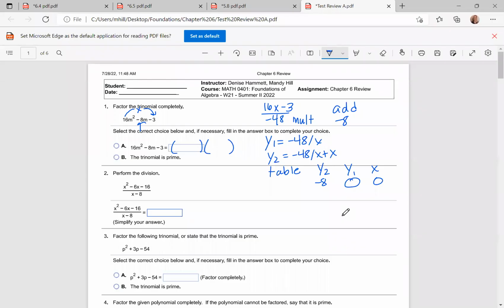So we came up with 4 and -12. So when we come over here, we're going to say m plus 4, because one of the numbers is 4, and m minus 12, because that was the other number.